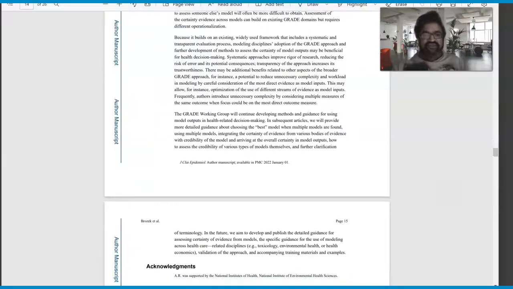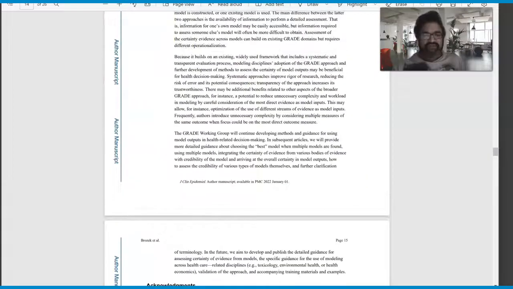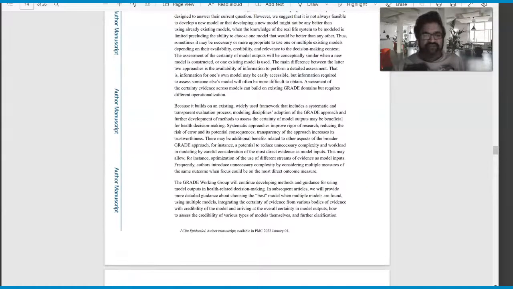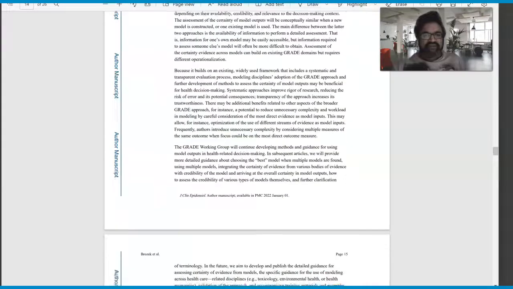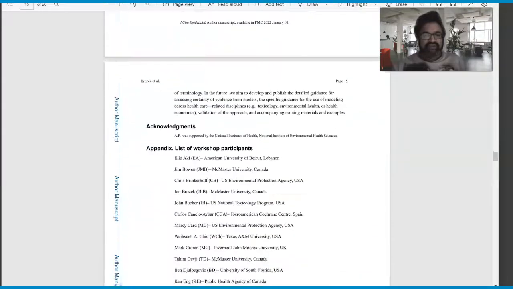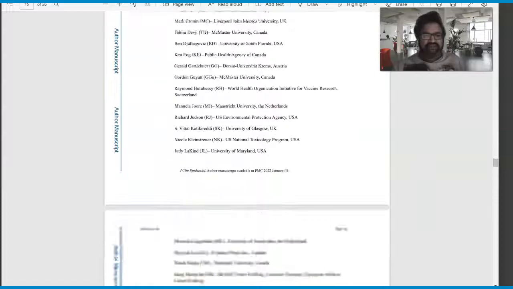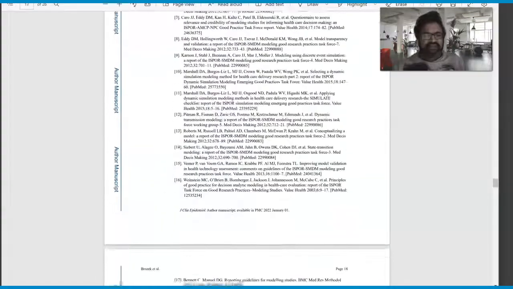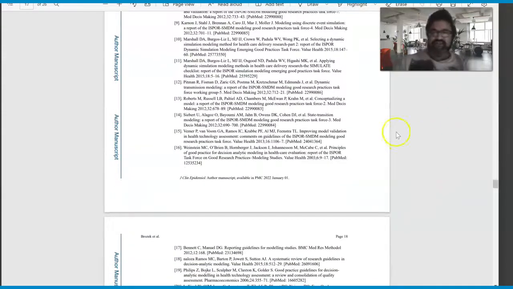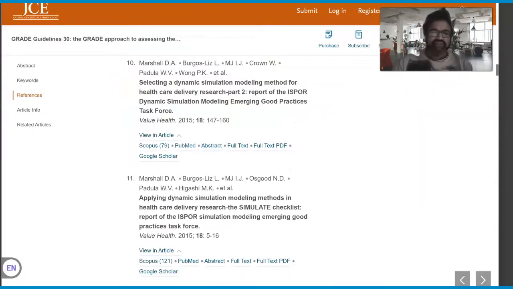This goes into what I like about this paper. It goes into some of the details about the working group without going into too much detail. So this provides an overview understanding of the GRADE approach.